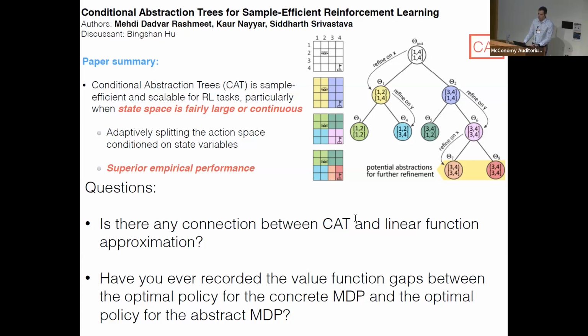But in general, the idea of CAT-RL can be applied to a broad range of reinforcement learning algorithms, including some of the deep reinforcement learning algorithms as well. Depending on the nature of the underlying algorithm, we might need to deal with some nuts and bolts and some engineering to make it work with this approach. But theoretically, it should be compatible with a broad range of reinforcement learning algorithms.